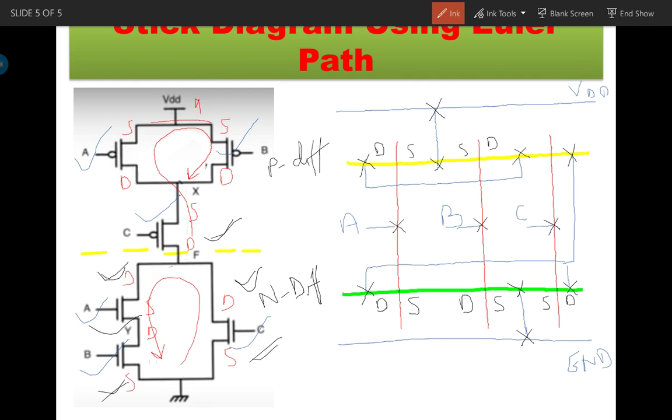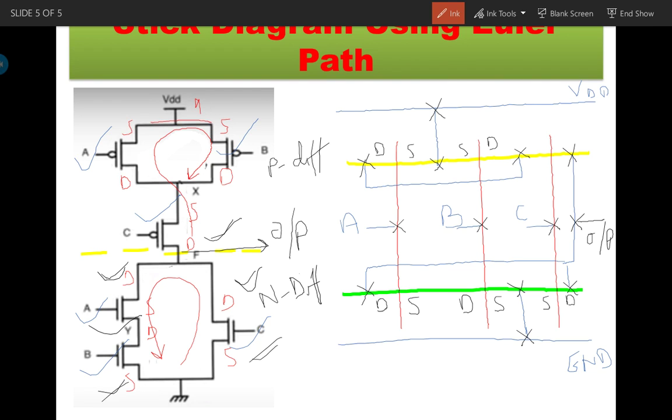Okay, so the output is taken between this. If we are taking the output from this F point, that is from the drain interconnection, then you will take the final output from this connection. Okay, so A, B, C are the inputs, and the final output we are taking from here.